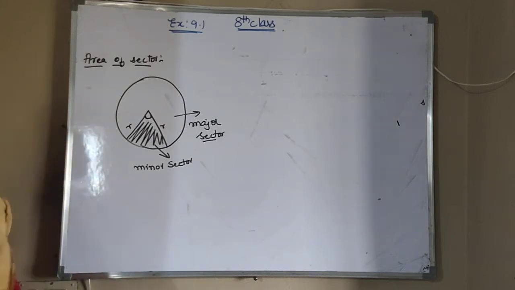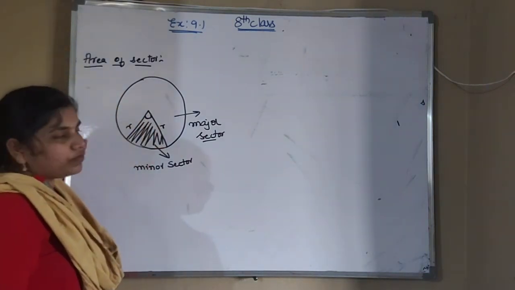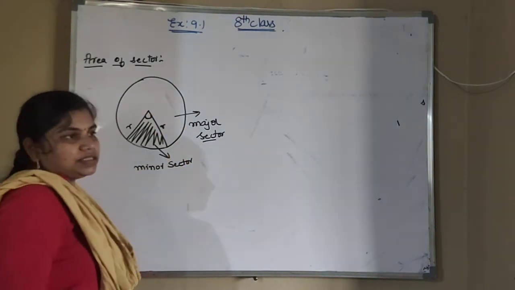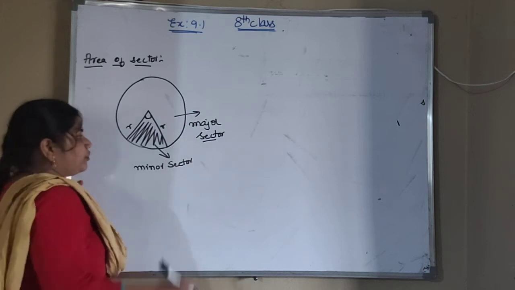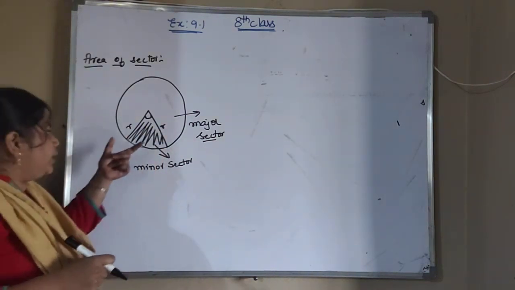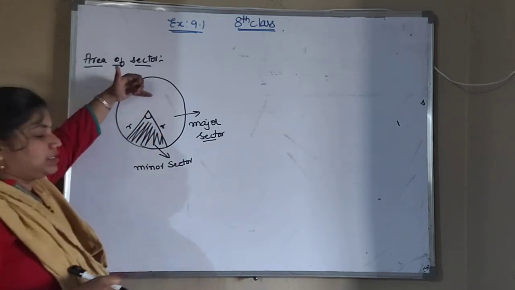So again it has been divided into two parts, major sector and minor sector. If you take a circle, from the center point to any point we call it the radius. Like that I have taken two radii. After taking two radii, the circle has been divided into two parts.